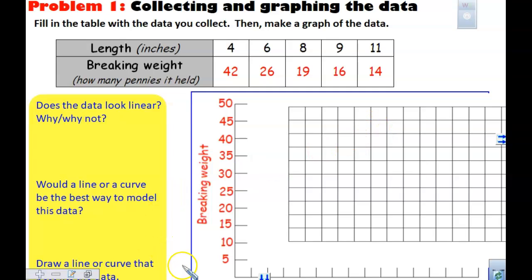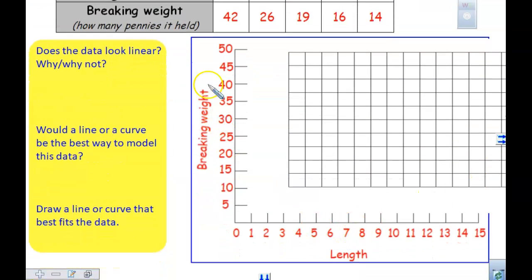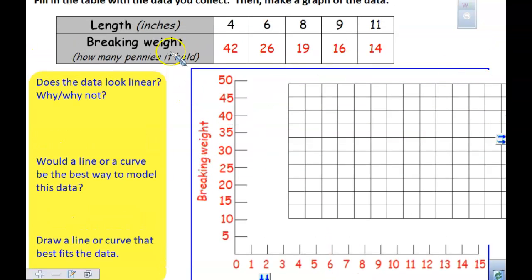And the first thing I want you to just look at that data, and then we are going to make, as you look at yours, you're going to put breaking weight on the side. That's going to be our pennies. You're going to put length on the bottom. And anytime you're looking at a table, I don't know why, but some of you switch these two around.